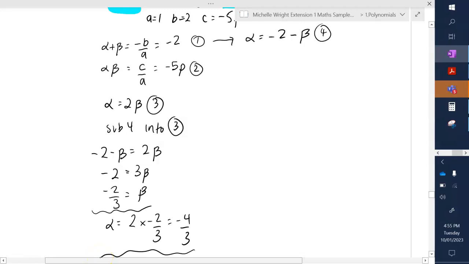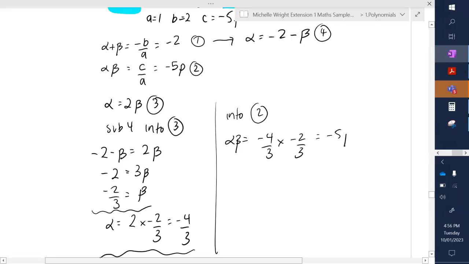We also know that from 2, I've got that alpha beta is minus 5p. So if I was then to multiply my alpha and beta together down here, I would have minus 5p. So let's do that. Alpha beta is equal to minus 4/3 times minus 2/3, which is equal to minus 5p.